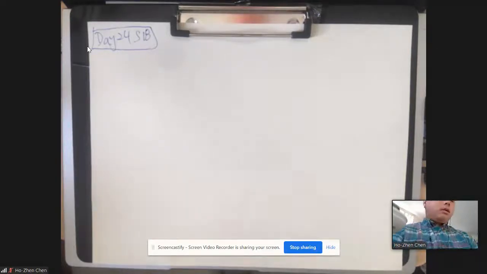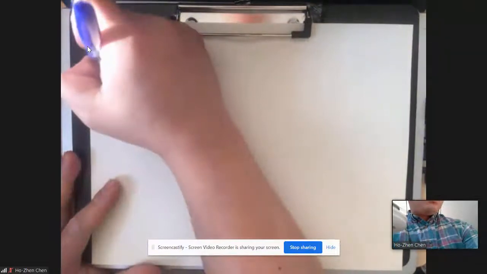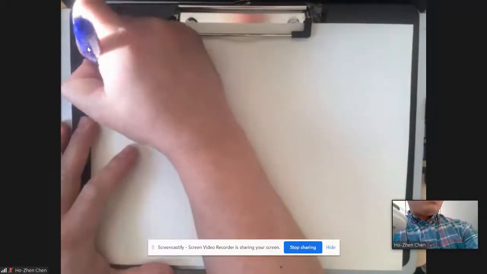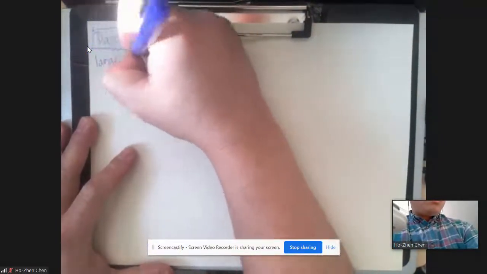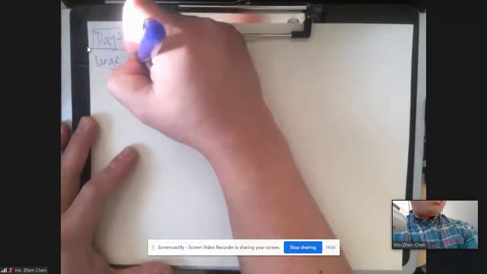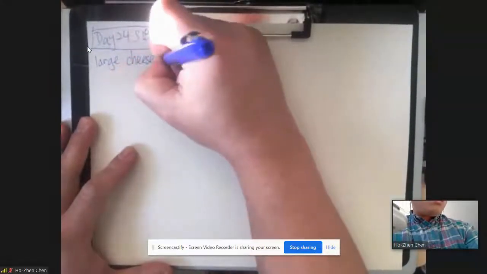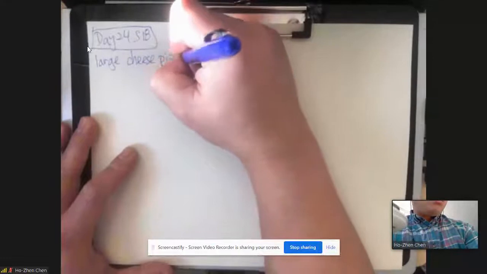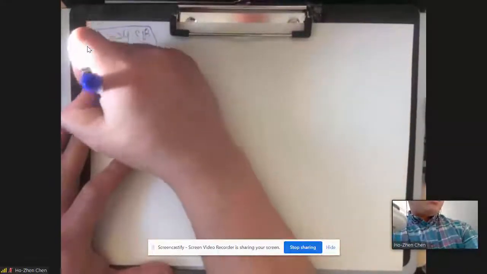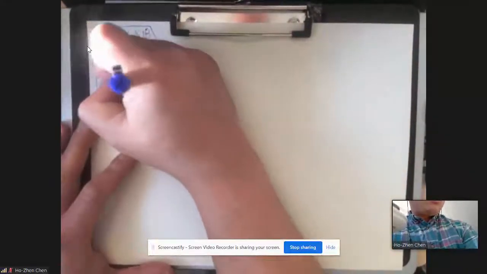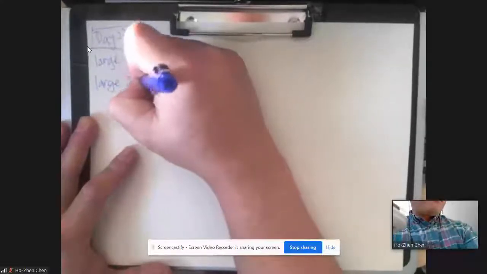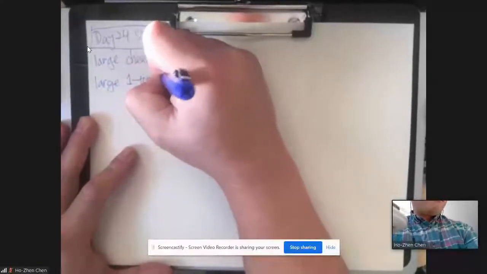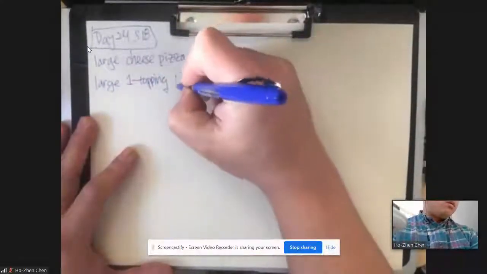So let's write down the information. Large cheese pizza and large one topping pizza.